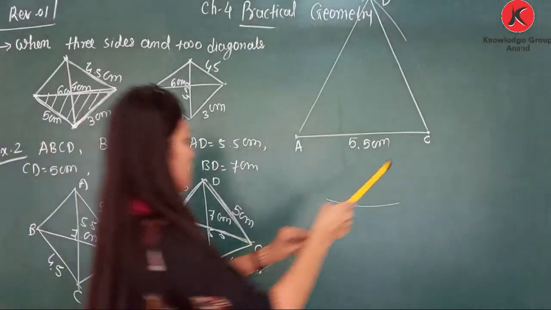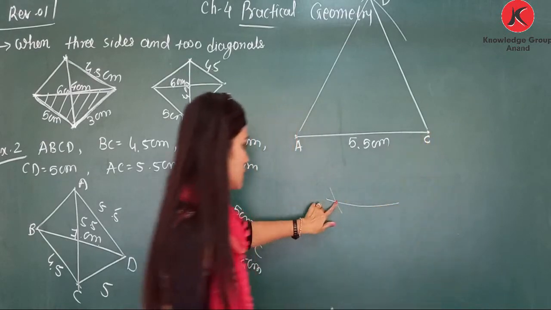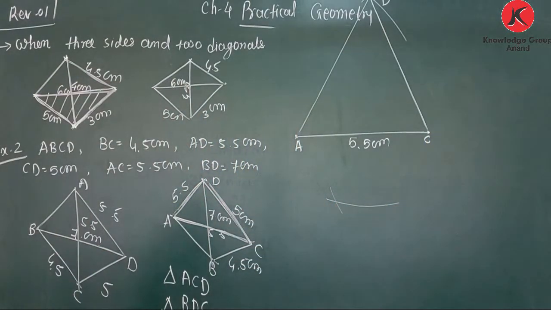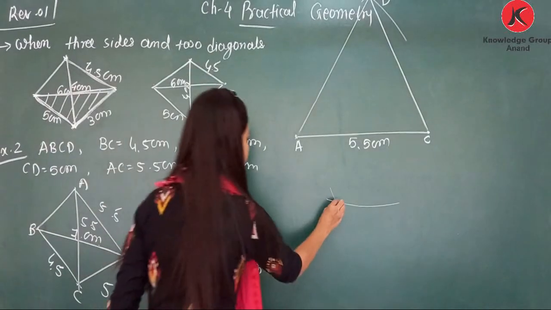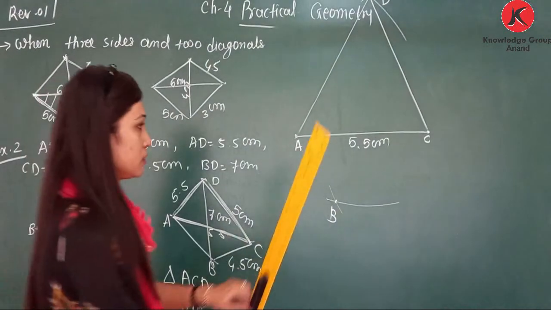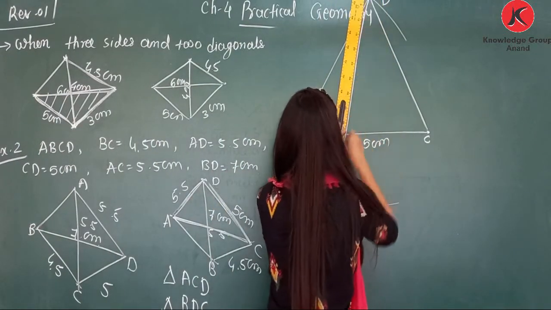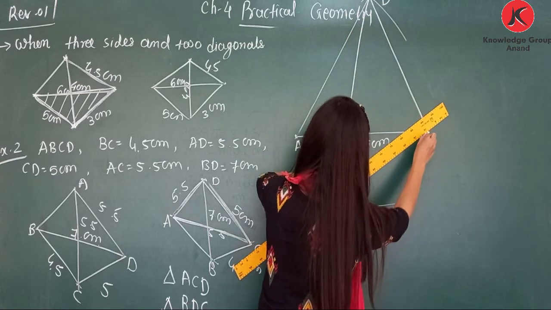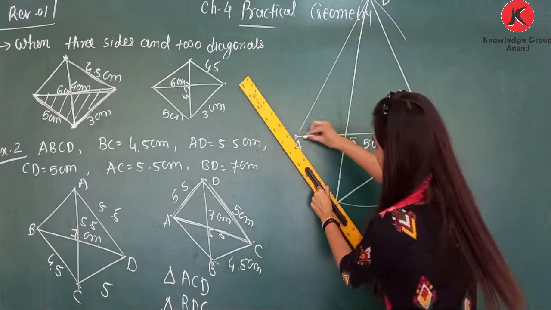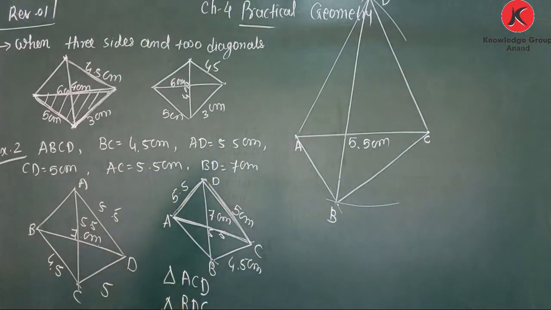Name this intersection point B. Now join BD and BC, and we can join A to B and our quadrilateral is constructed.